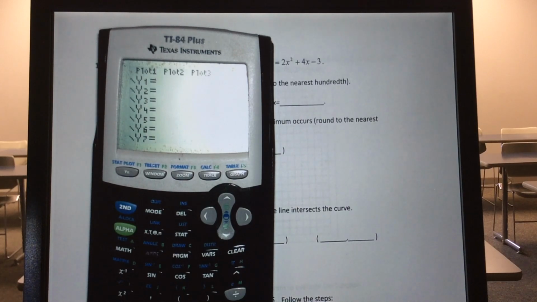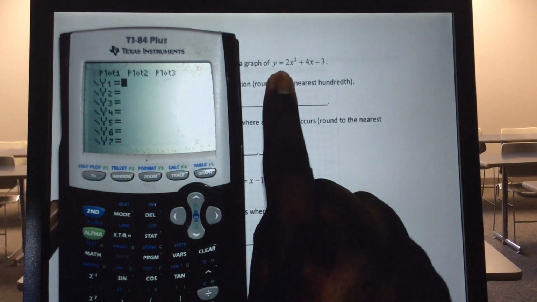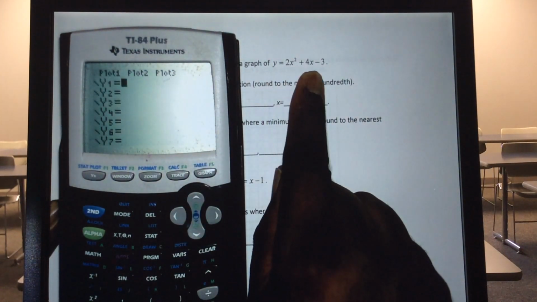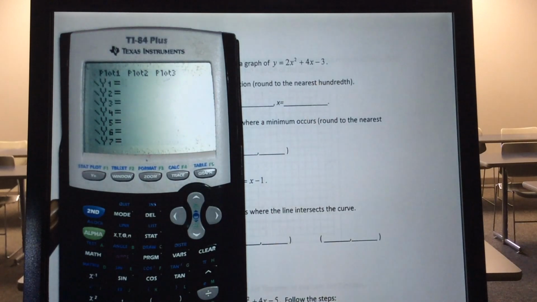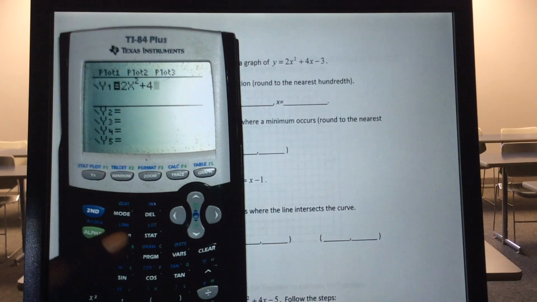Okay? So now in y1, I'm going to enter this equation, 2x squared plus 4x minus 3. So I start off by pressing the number 2, and then the X,T,theta,n key for your x, and then x squared for the exponent of 2, plus 4, and then X,T,theta,n for the x, minus 3.